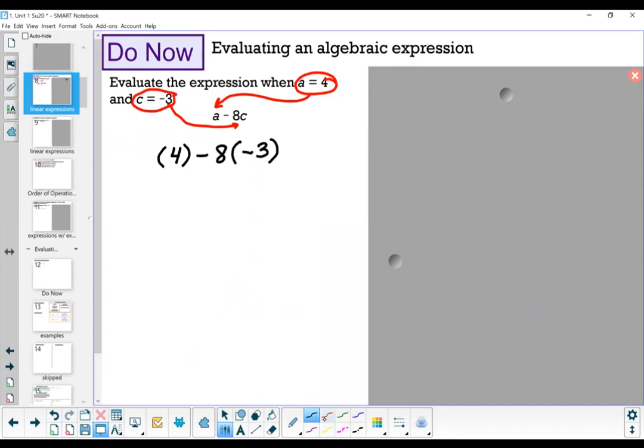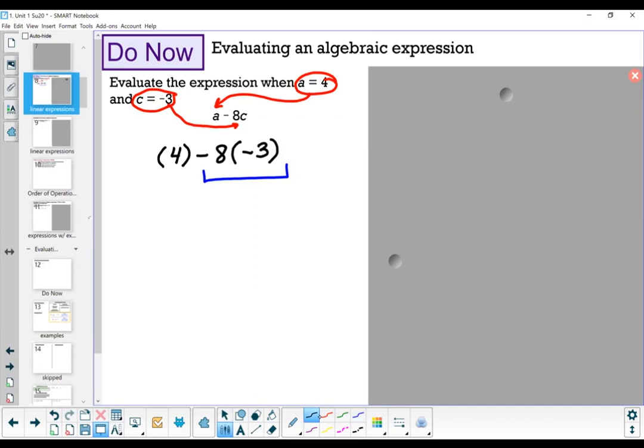Okay. All right, so now once you do the substitution, you want to remember to use your order of operations. So in this particular question, we want to multiply first. So that's going to be multiplying that 8 with the -3. And in fact, I'm going to do -8 with the -3.